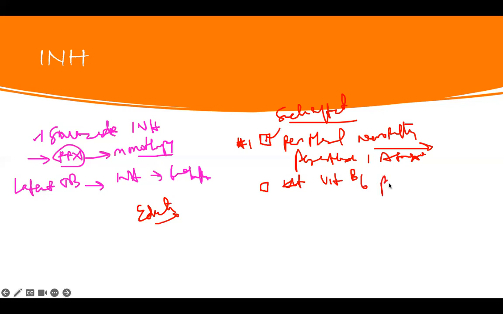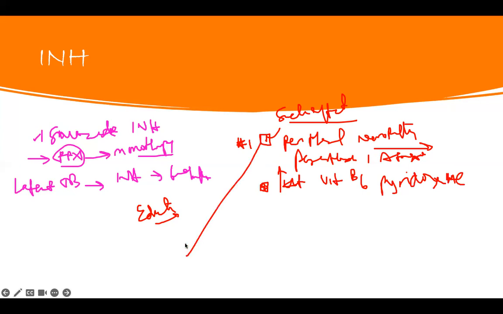And it's a very common medication. So anybody taking isoniazid needs B6. This is a must. If you give them B6, it will decrease the incidence of peripheral neuropathy.